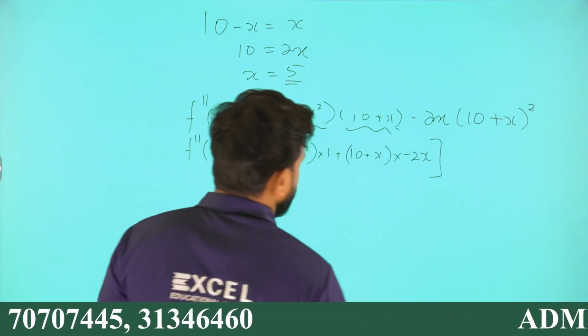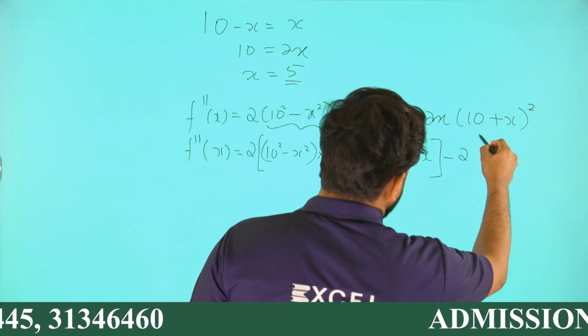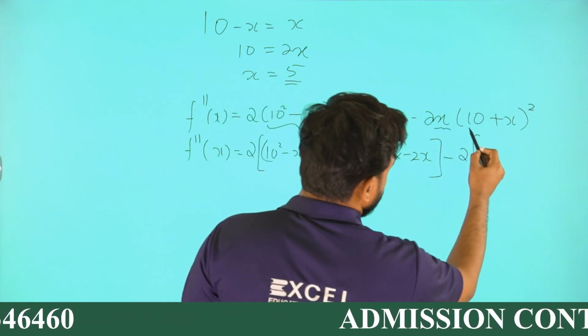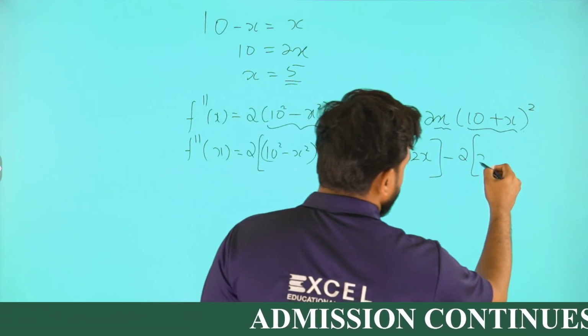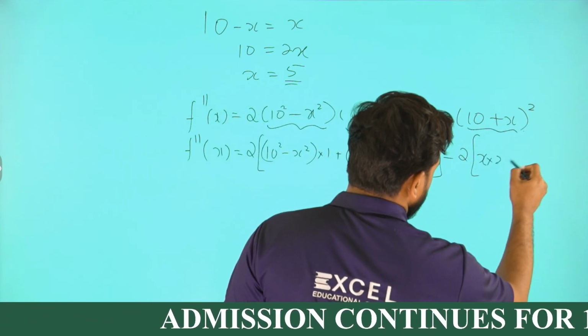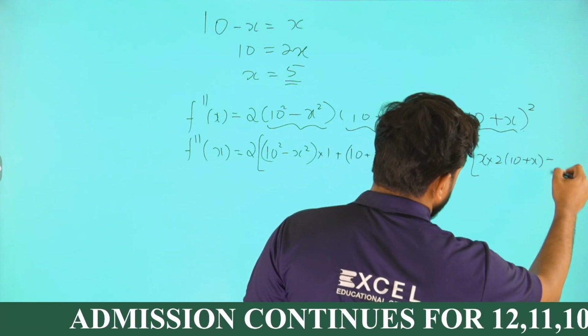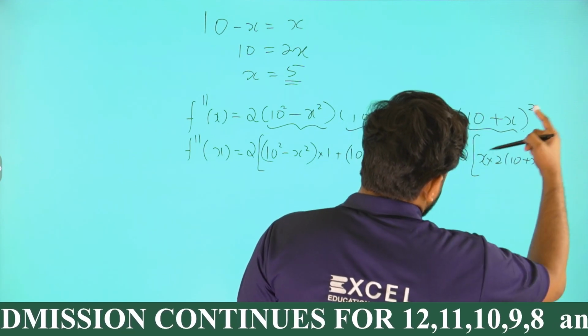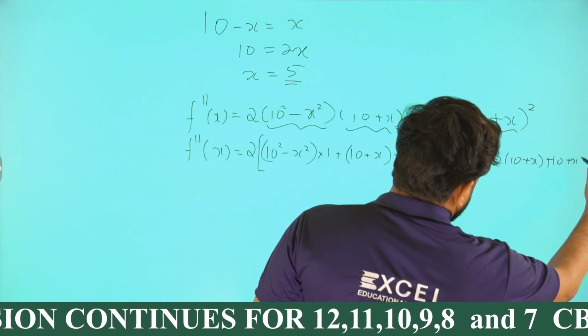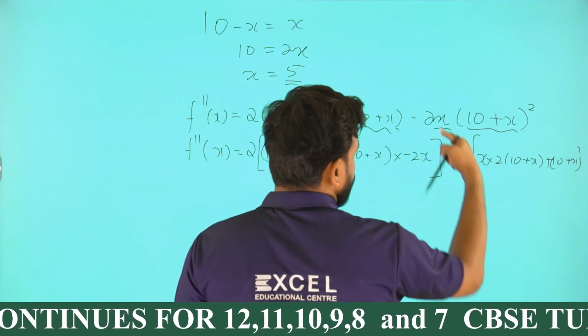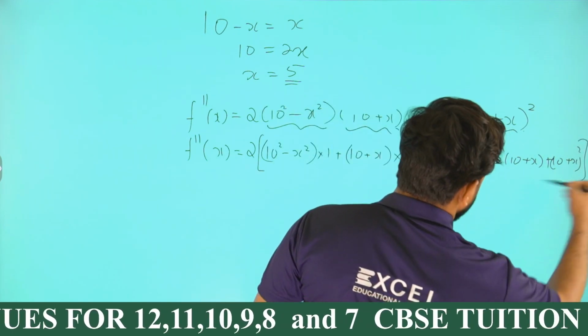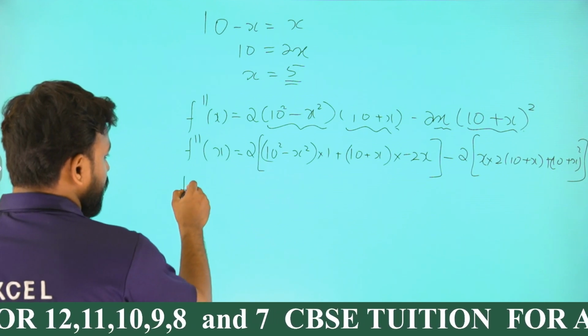And take the constant out, x is your first function, this is your second function. First function into derivative of this will be 2 times (10 plus x), plus second function (10 plus x) the whole square into derivative of x is 1, and you have to put the critical point in it.